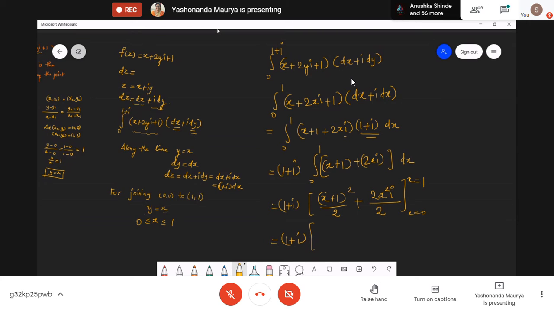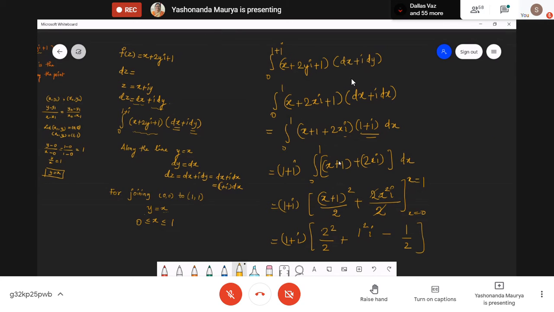Now when we substitute the upper limit, we'll get 2 over here. So this part turns out to be 2 square divided by 2, plus here what we get is 1 square into i. When we substitute the lower limit, this will be 0. So it will be 1 minus 1 by 2. This will be all 0. So this is the answer.